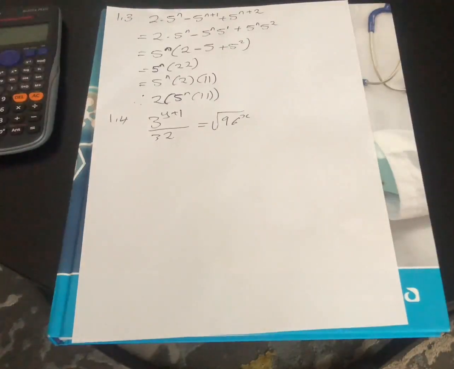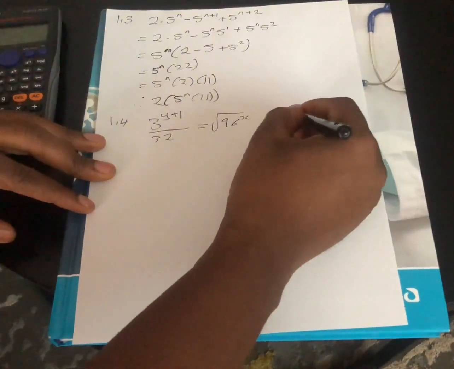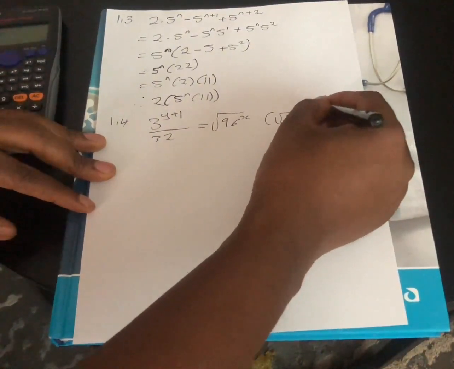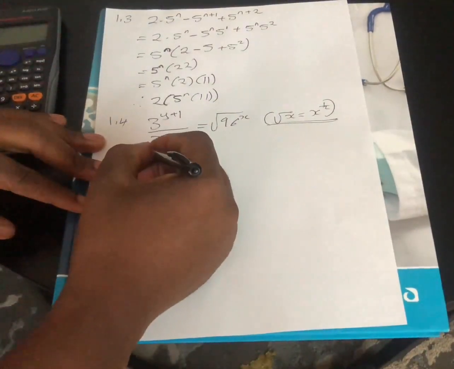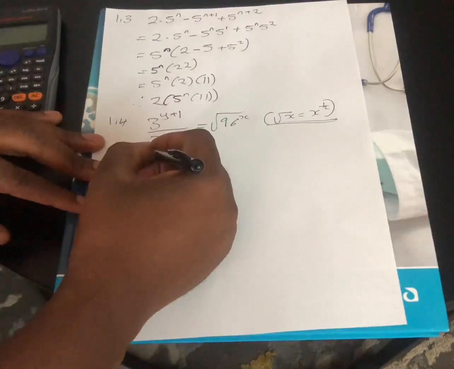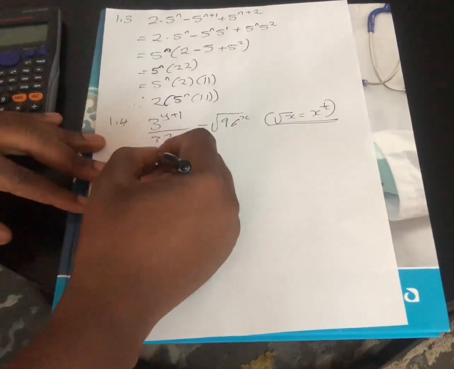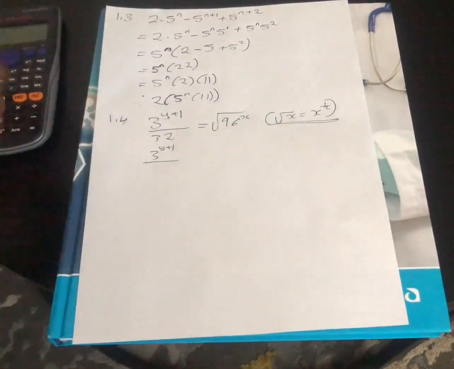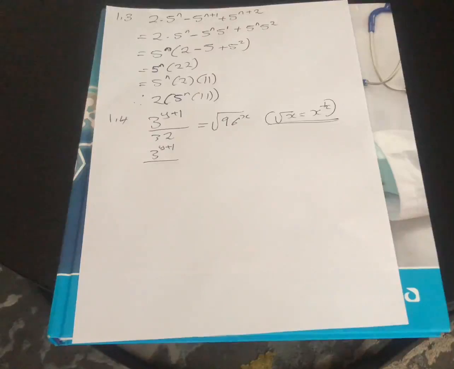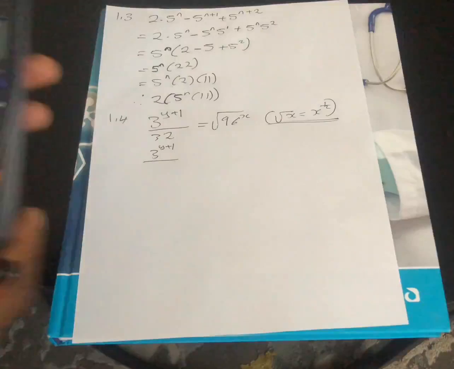When you have this, the first thing you are going to do is deal with the square root. Just change the square root to become 1 over 2. I believe we all know that the square root of x is the same as x to the power 1 over 2. We are going to apply this law, which will give us 3 to the power y plus 1 over, because we are dealing with exponents here, let's also make 32 an exponent.